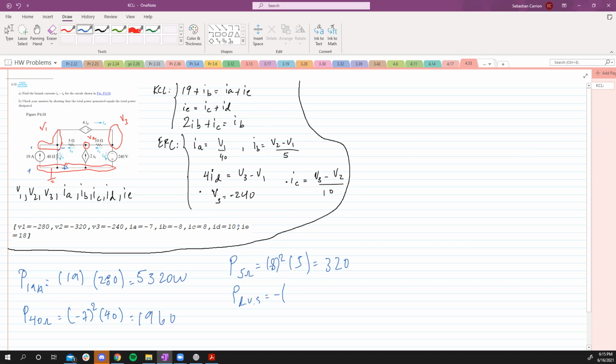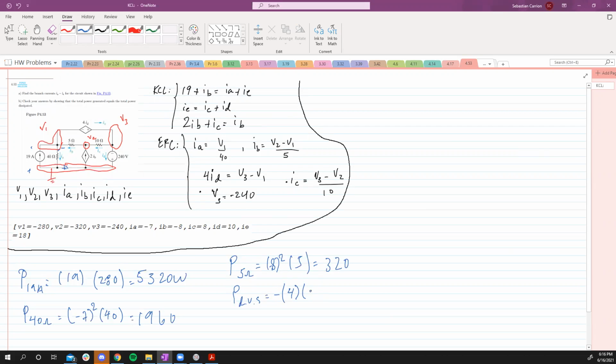Well, no, what am I saying? Bringing that forward again: ID is equal to the potential across V3 minus V1. So I can just say 4 ID times ID.